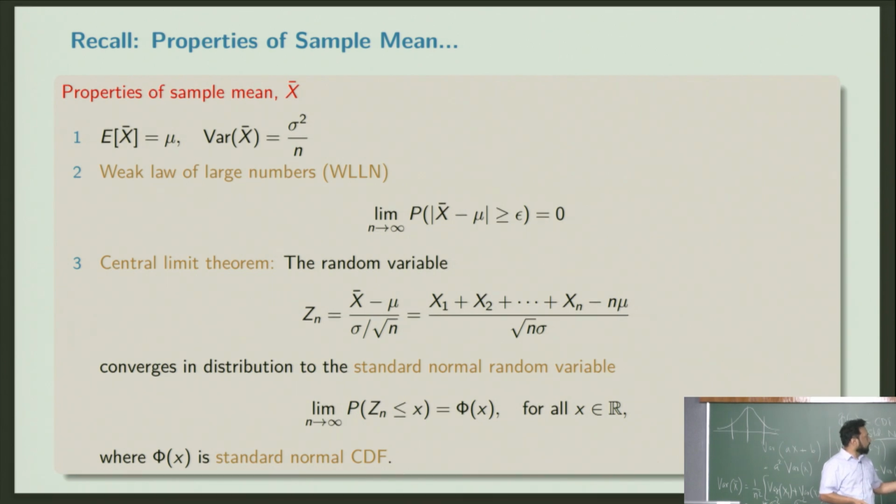So given a sample, I will do the scaling and look at the values. You may have asked the original question of the probability that Zn is less than or equal to x, but this could be transformed, because Zn could be substituted like this.